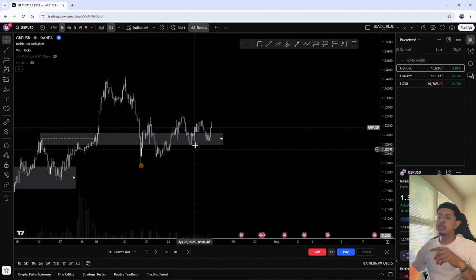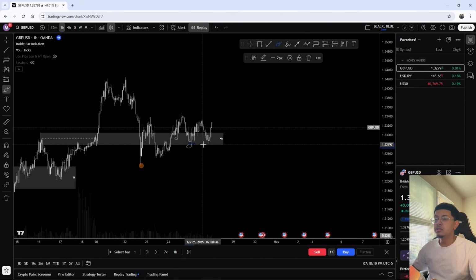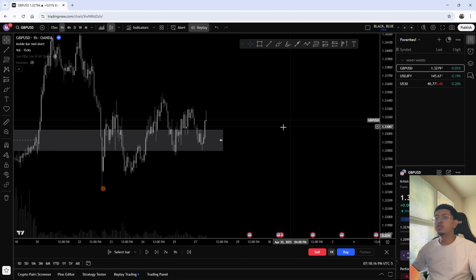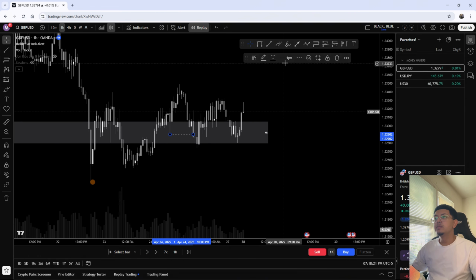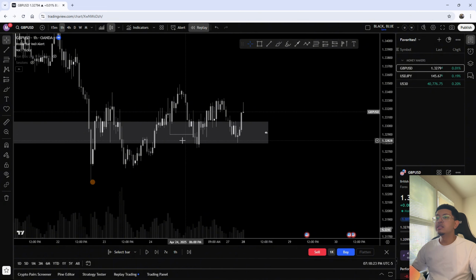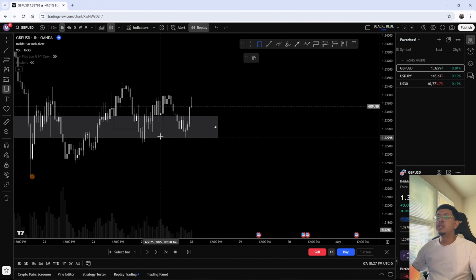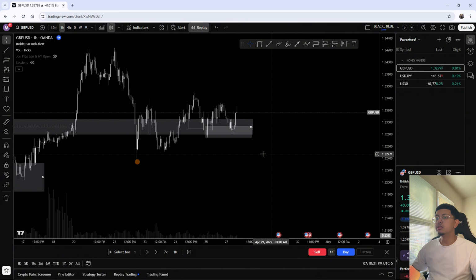So I see this reaction off this 4-hour zone right here, 1, 2, and 3, and I see that we're bullish. If I look at internal structure, I see that we have a zone right here that got taken out to go higher, and it created a demand down here at this level, right up into this 4-hour support zone.